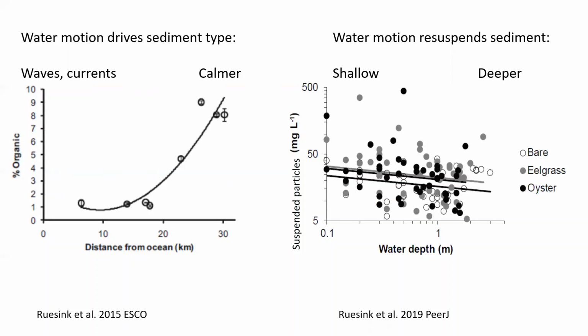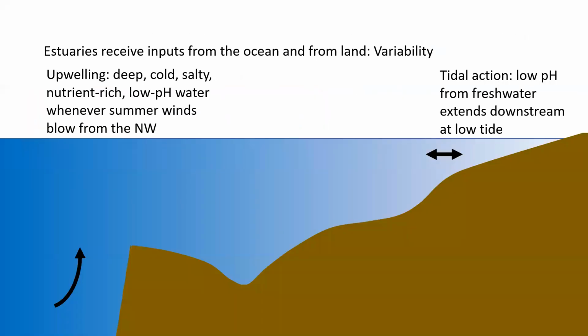And this is the messiest graph that I'll show you, but I will also say that there's a statistically significant relationship here in shallower water. That's where the fine particles get kicked up. And that also there are capacities for our ecosystem engineers, eelgrass and oysters, to actually augment the amount of particles that are in the water based on our data.